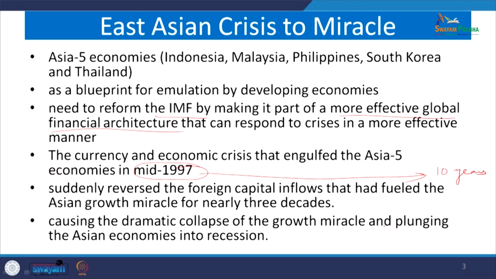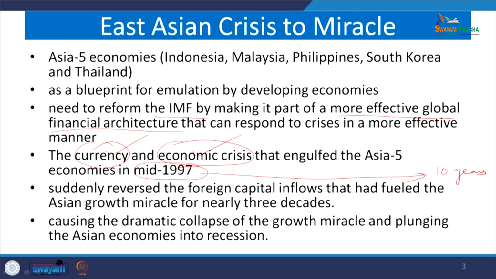So, it was not just the crisis which was felt in the fall of their GDP, but also the impacts noted for their currency and in terms of economic factors. Suddenly they reversed the foreign capital inflows which had fueled their growth.